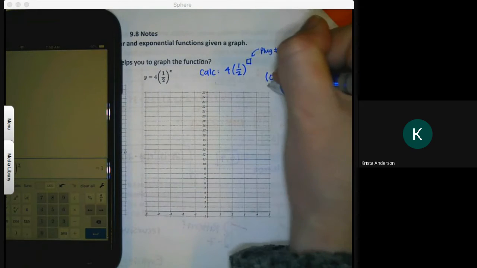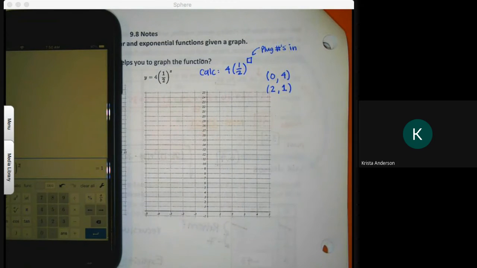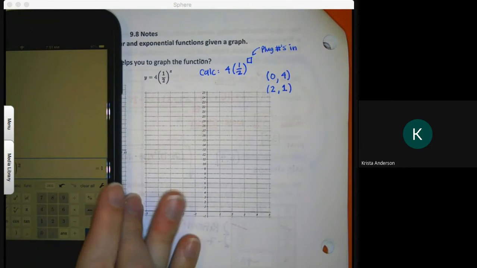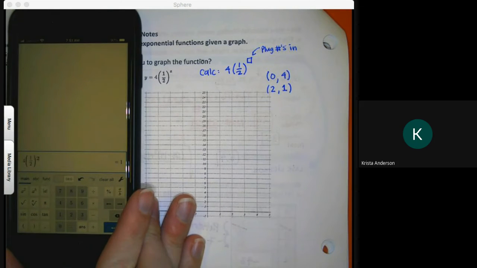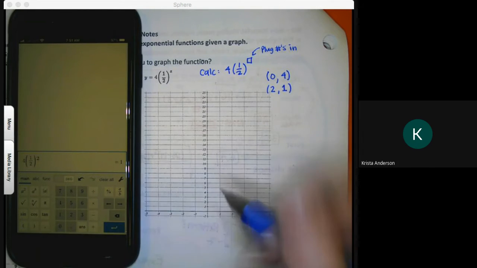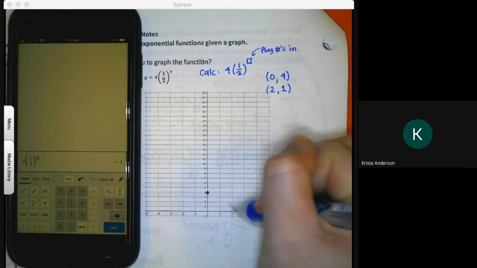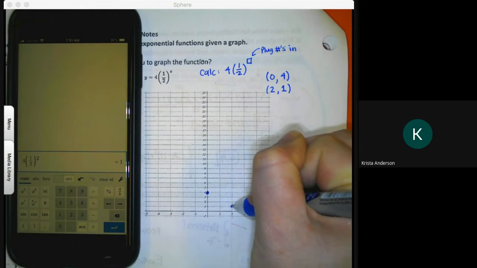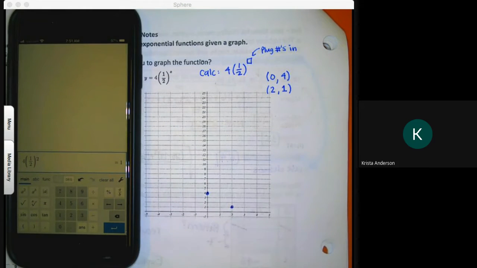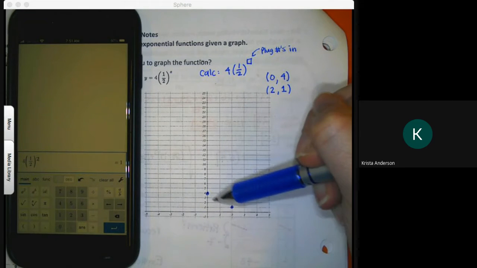If I plug in a 2, it is at 1. So 0 is at 4, I would click here. 2 is at 1, I would click here. Do I draw a straight line through? It needs to curve, and it's going to curve down this direction.